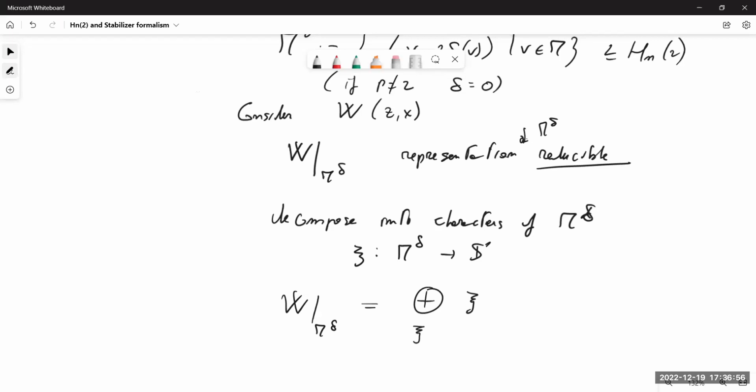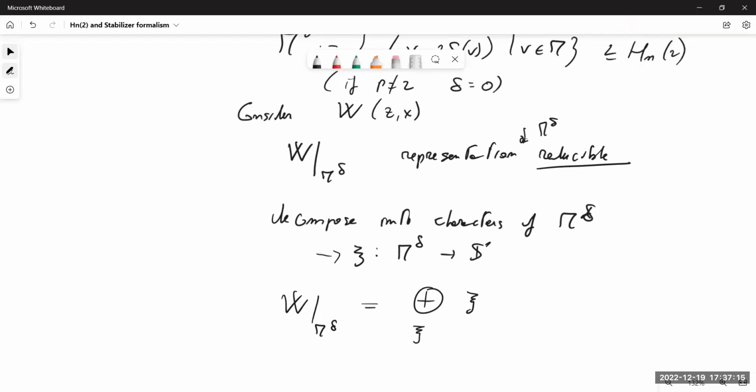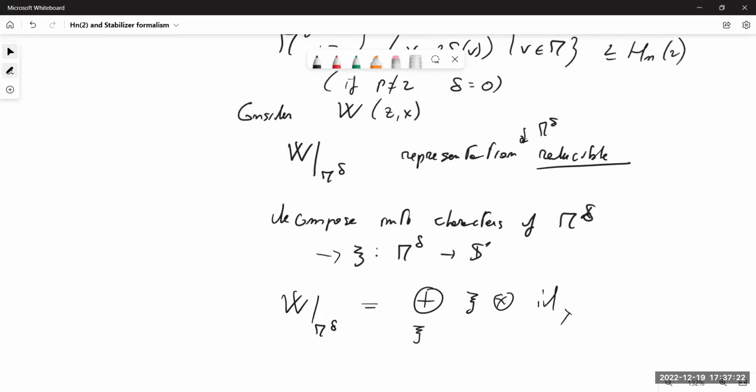So if you want to sketch this decomposition, you take characters of M delta, and you have the sum over all characters, and here you have some multiplicity of these characters.